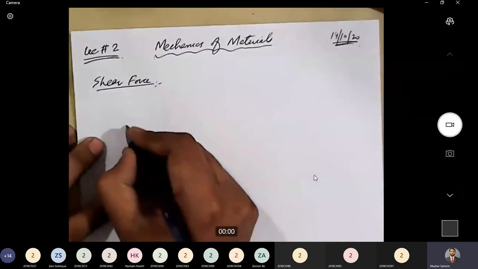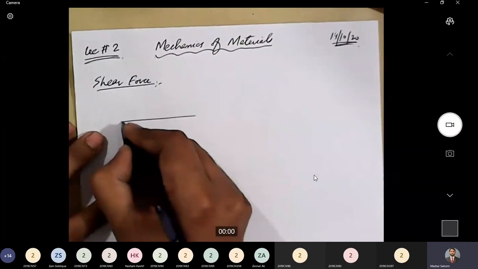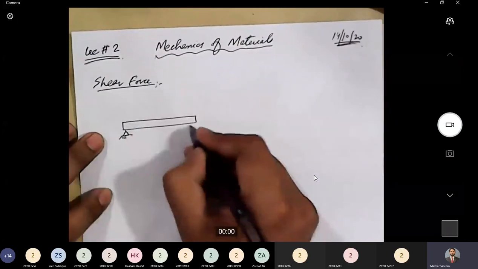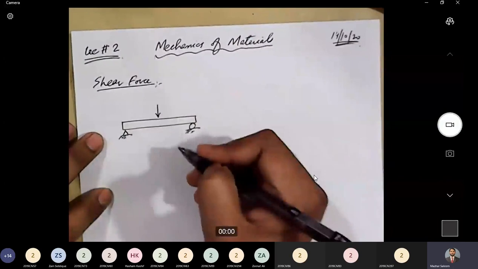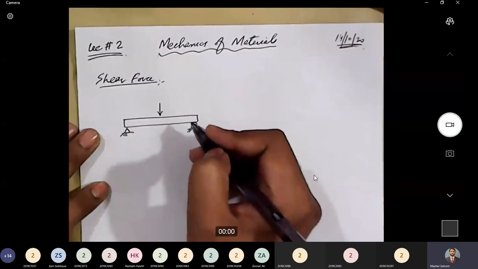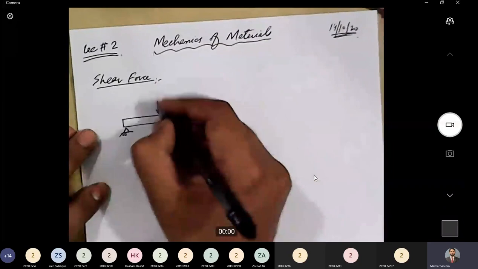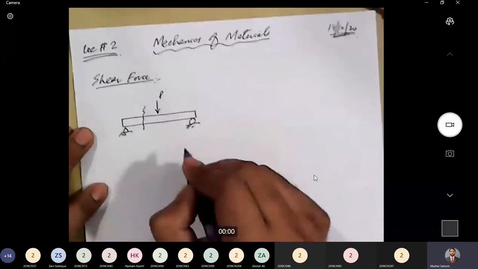Means that, for example, I give you a beam, let's say a simply supported beam, and one load is acting here supposedly, and I ask you to calculate shear force. Suppose this load is P.